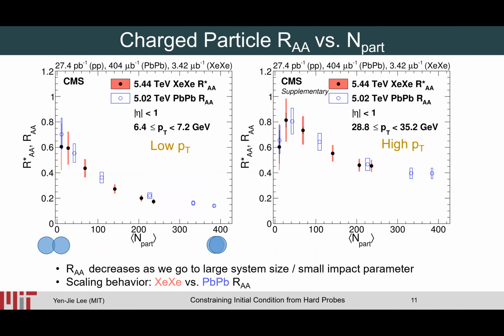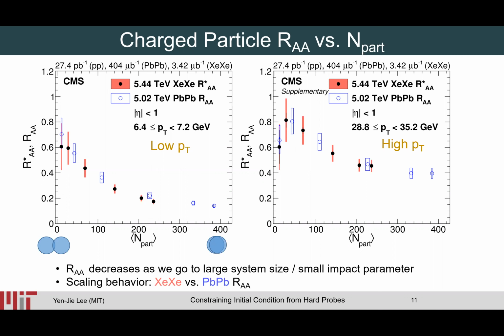The other thing I would like to point out is that it is interesting to look into the system size dependence of the suppression factor. So there are two figures here. The left-hand side are the track RAA with lower transverse momentum. The right-hand side is higher transverse momentum. In both figures, they are plotted as a function of number of participants. Right-hand side is central events.